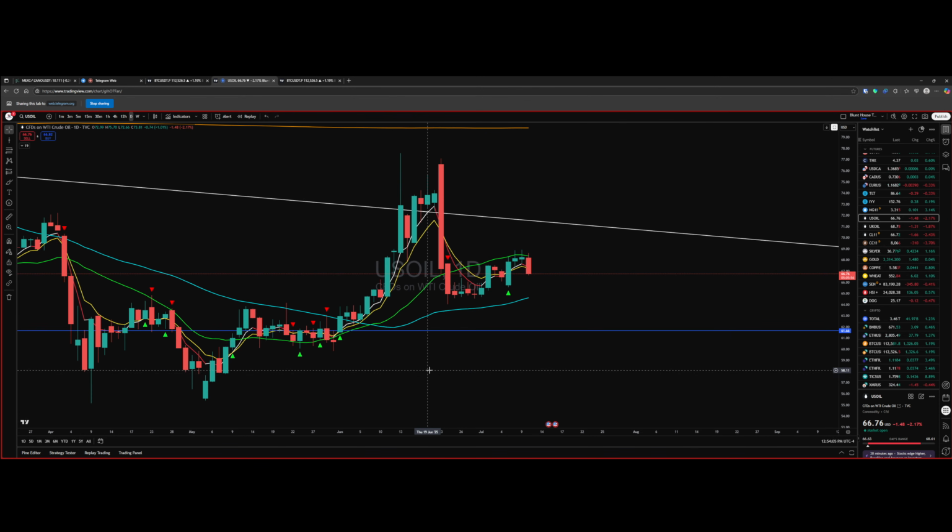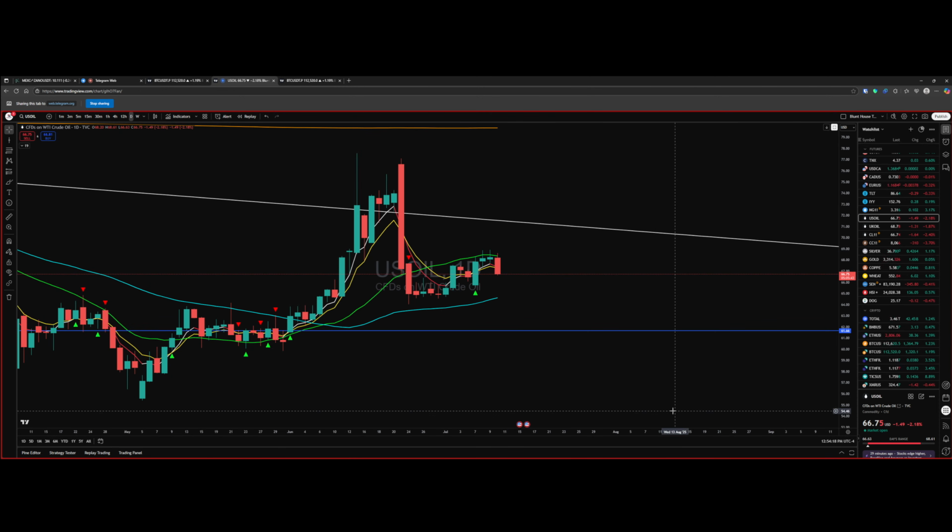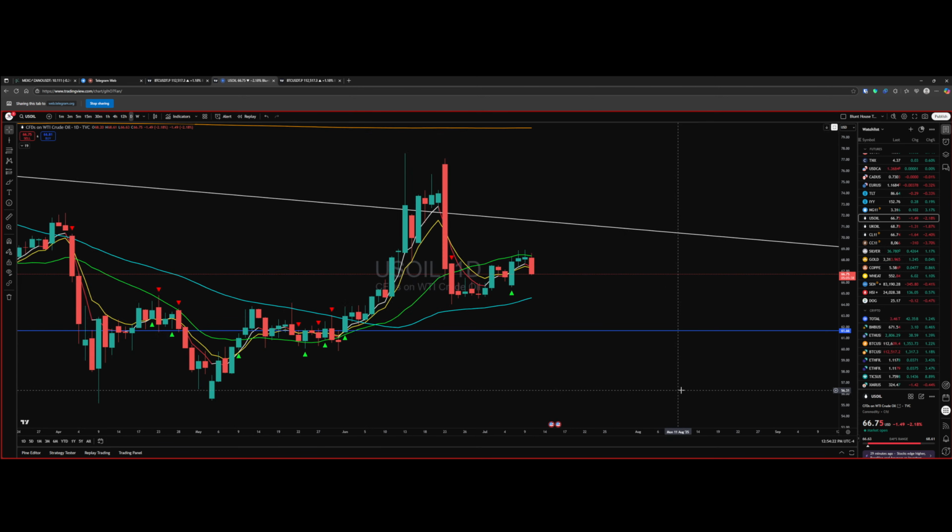And this is how, when you start to talk to your friends about this stuff, it's going to sound a little spooky. Because you're going to be able to suggest in advance, when you start to see price behave a certain way, what it might be doing. Because you will have seen it over and over again.